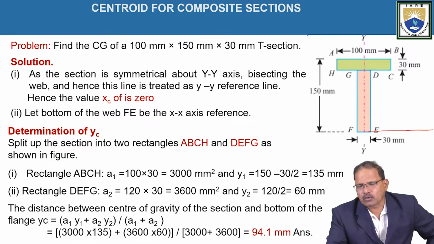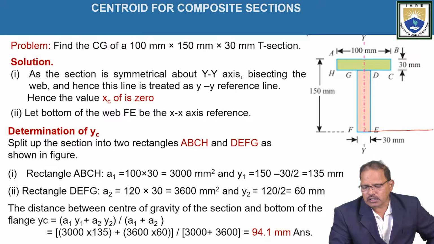So the coordinate xc is equal to 0, since the center of gravity lies on the y-axis for a symmetrical figure. Hence here we are determining only the position of yc. That means where the center of gravity lies with respect to the x-axis as shown in the figure. Somewhere it is away, and we have to determine it now.